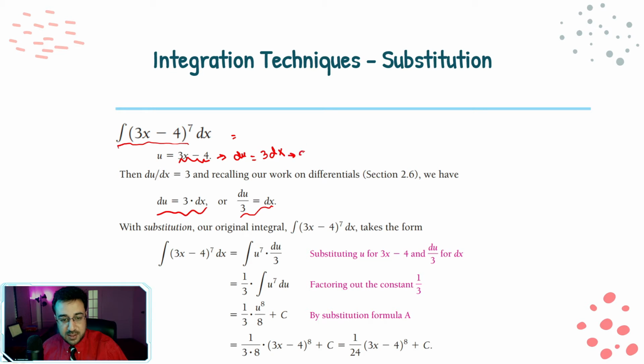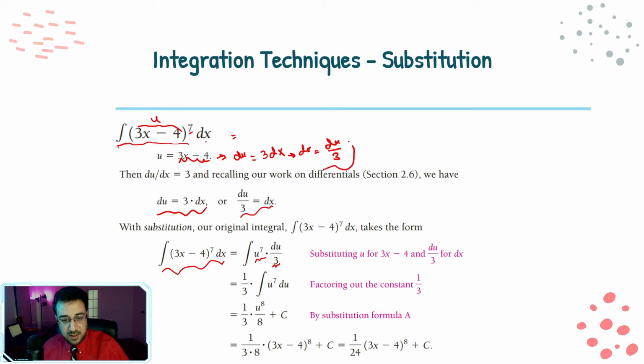Like if you ask what is dx in this case, that's du over 3. Now you have the integration over here, so after substitution this integration would equal u to the power of 7 du over 3. Remember, you have this as u and you have the power of 7 as it is.